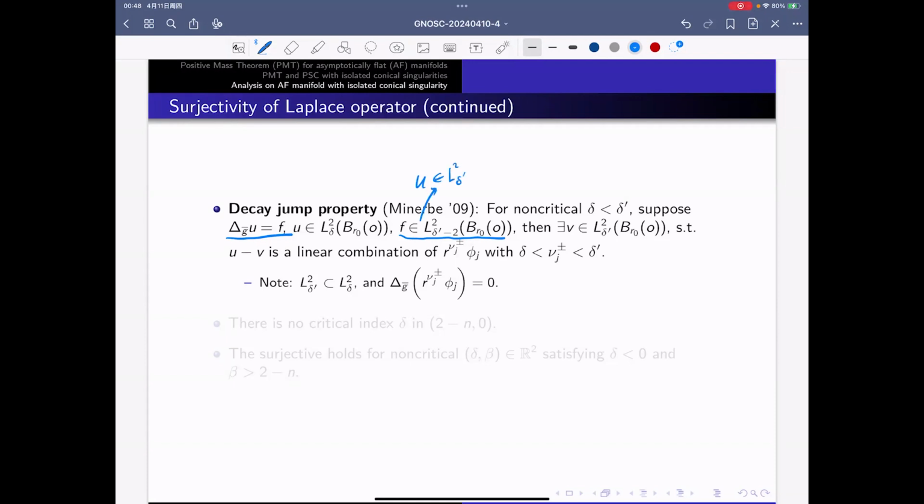But clearly the solution of this kind of equation is not unique, and the difference between the two solutions should be a harmonic function, right? And we know this thing, all right?